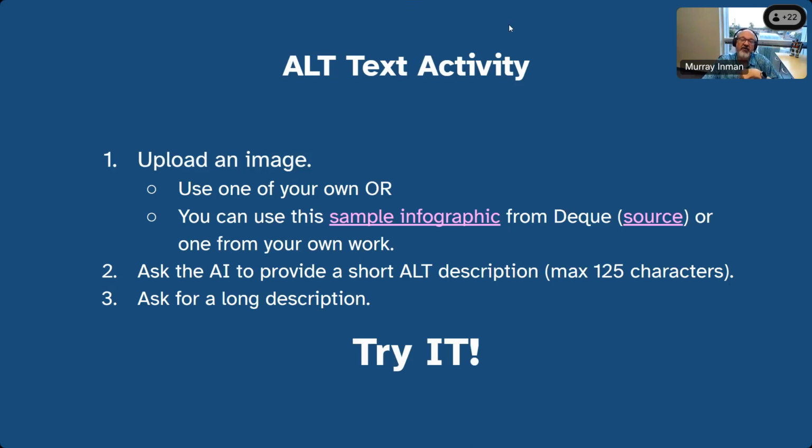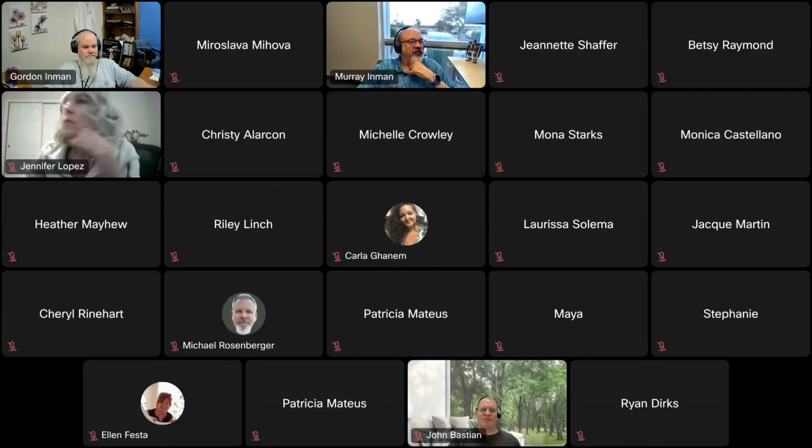It's an infographic, so there's a lot of text and pictures and things with implied meaning that would need to be interpreted for someone. This will probably be a challenge for any AI tool, but let me share my screen here, if I can figure it out.